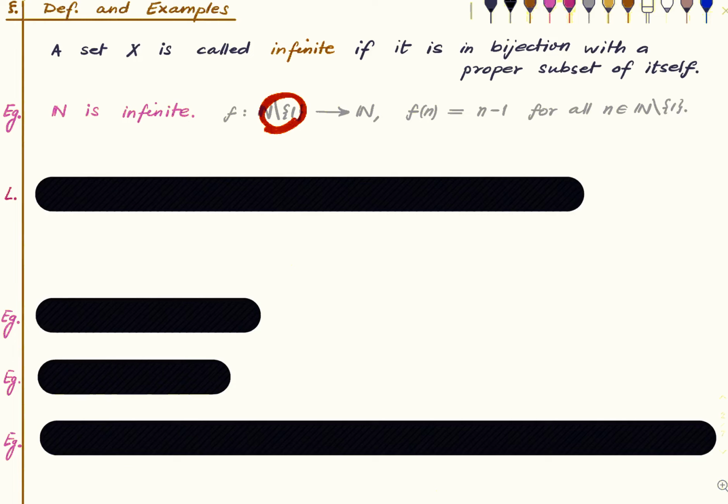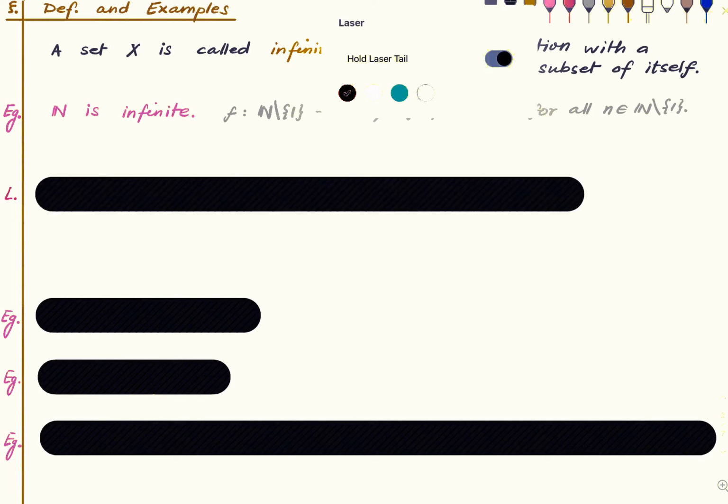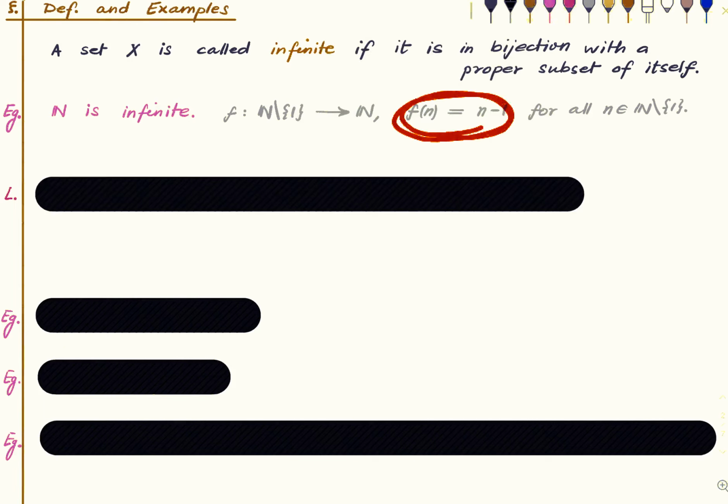So this is, of course, a proper subset of that. And the function f is clearly an injection. Why is it a surjection? Well, if you substitute 2, you get 1. You substitute 3, you get 2, and so on. So therefore f is a surjection, and hence f is a bijection. So there is a bijection between the set of naturals and a proper subset of itself. And therefore, the set of natural numbers is infinite.